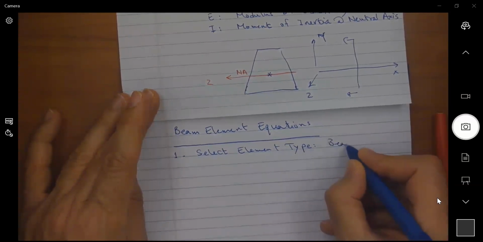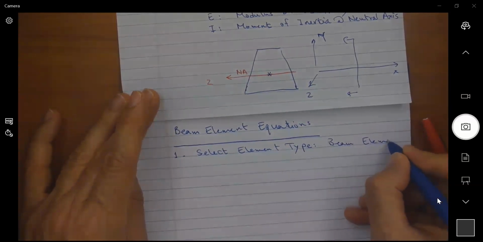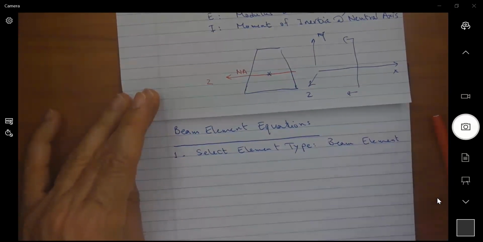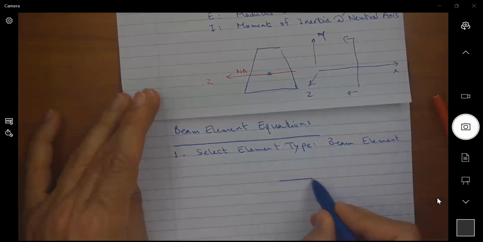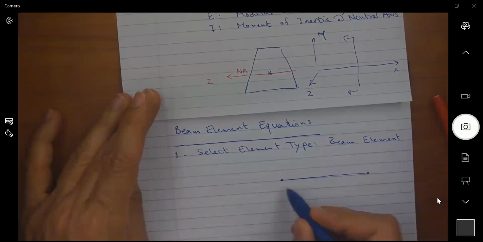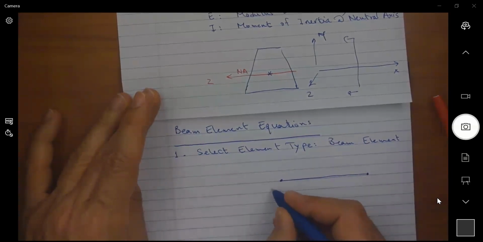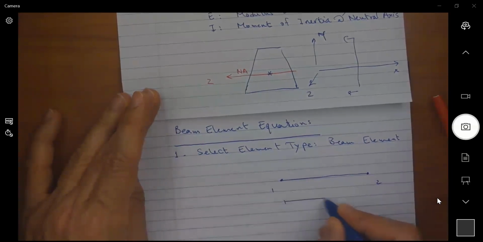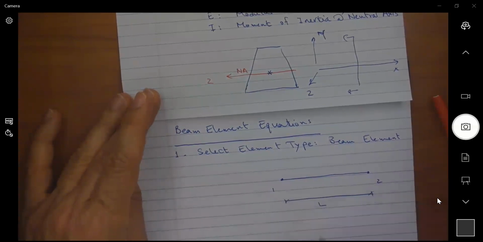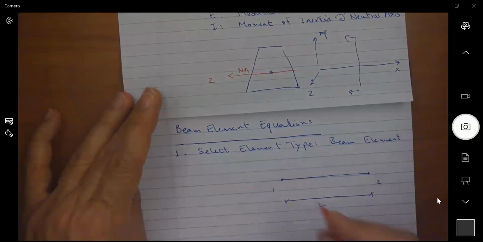Beam element. So we have these two node elements, 1 and 2. The length is L, and we have 4 degrees of freedom as established.